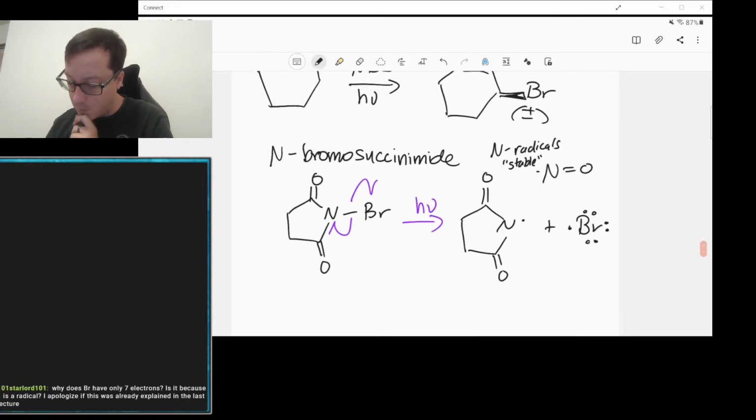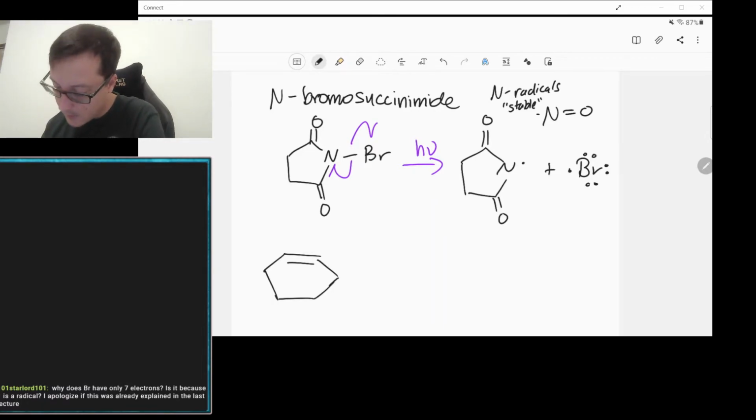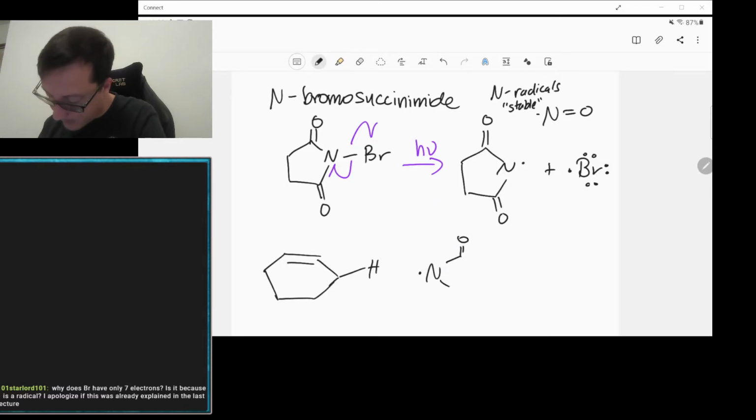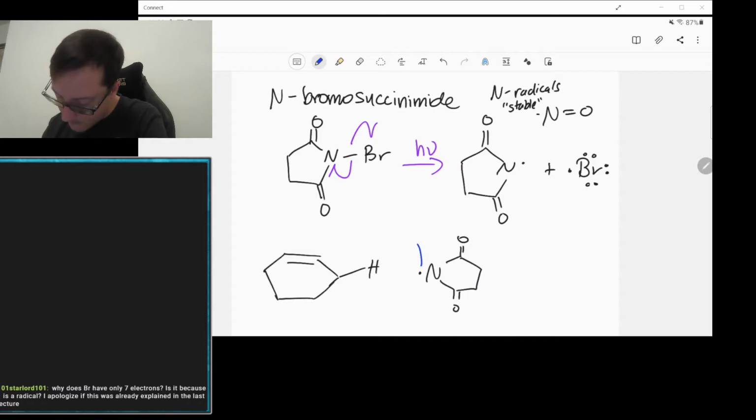And we see, aha, well, now we're going to have a lot of this NBS in here. So we'll end up taking off, just for the purposes of the reaction, we'll make it simple. We could have this go with a bromine as well. It doesn't really matter, but we're going to just do it with this radical.